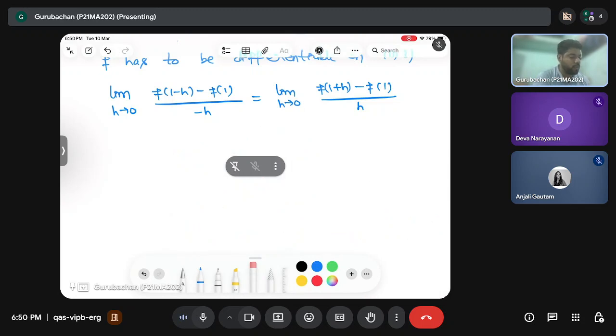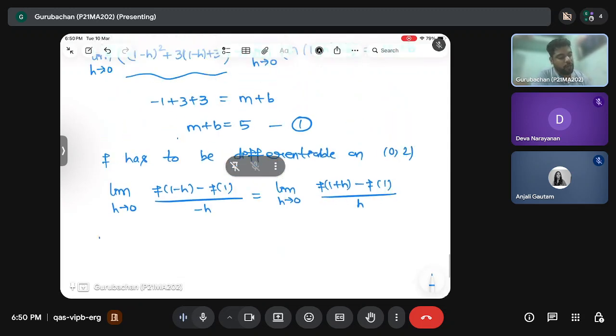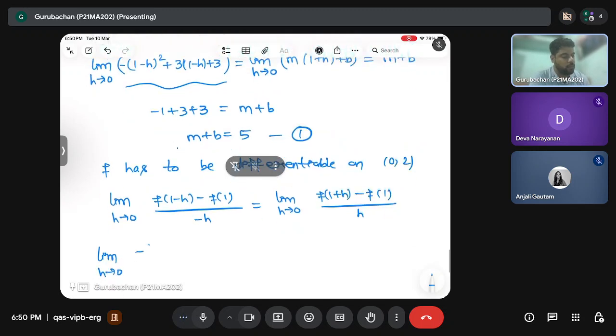So now apply this to the given function. When we'll talk about 1 minus h, that means our function will be minus 1 minus h square minus 3 into 1 minus h plus 3. F of 1 is 5.